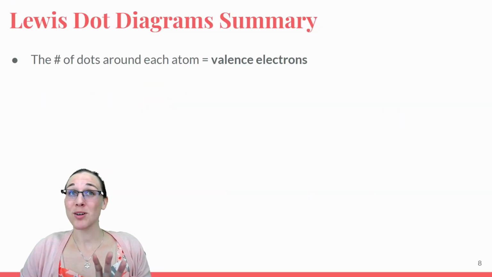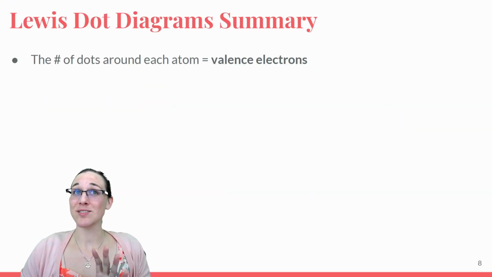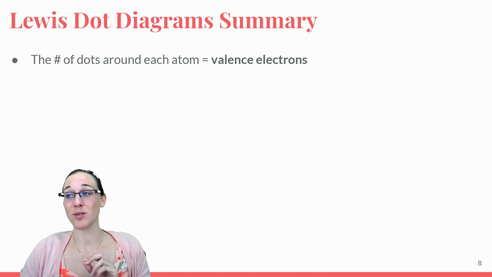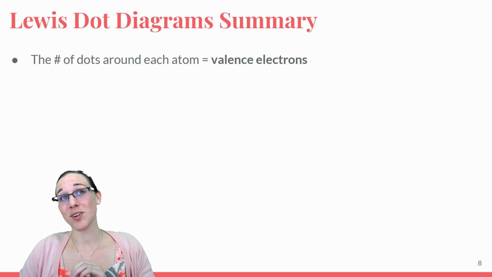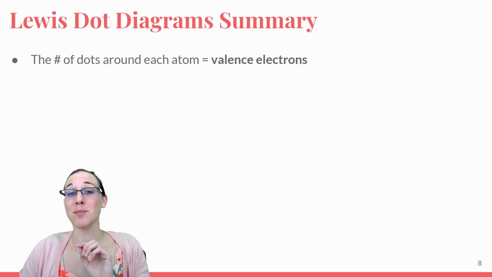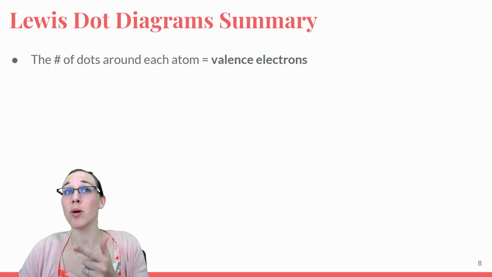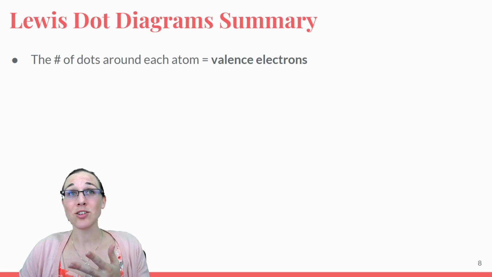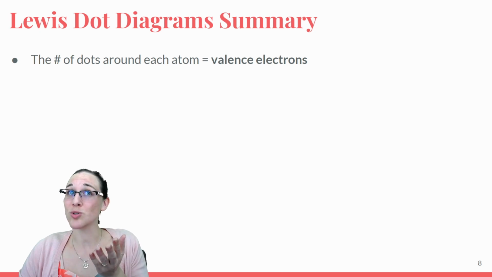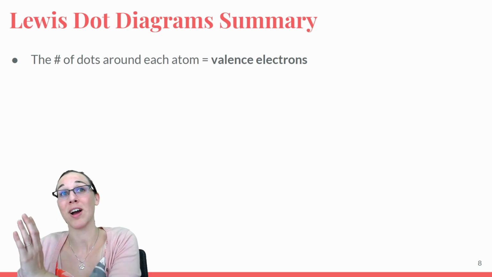Let's summarize what we know so far before we really test ourselves and draw some more challenging molecules using double and triple bonds all together. The number of dots around each central atom is the valence electrons, and you get that number from the periodic table using either a shell model, an orbital diagram, or an electron configuration, or just use the shortcut that I've been telling you, 1, 2, skip transitions, 3, 4, 5, 6, 7.